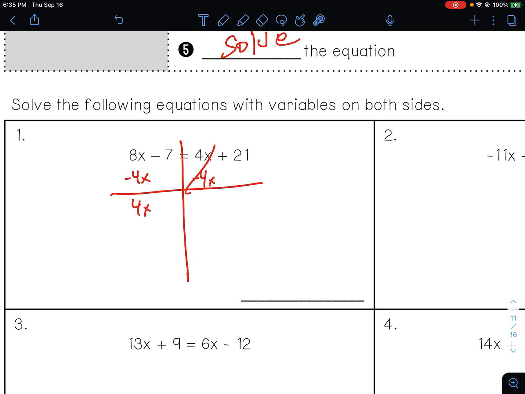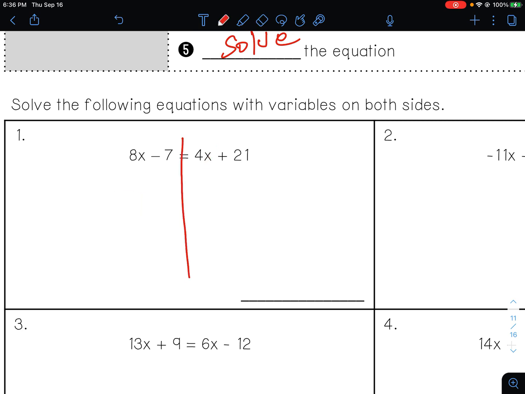I always like to subtract the smaller variable, so that I have a positive variable to work with. Why? Well, I just end up making fewer mistakes that way. Anyhow, let's go ahead and do that.